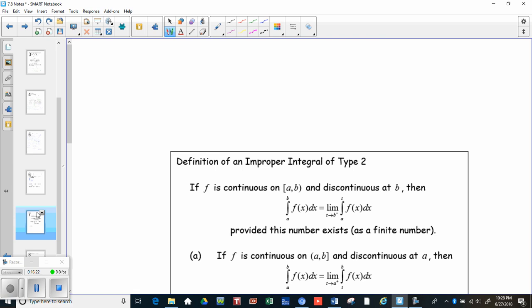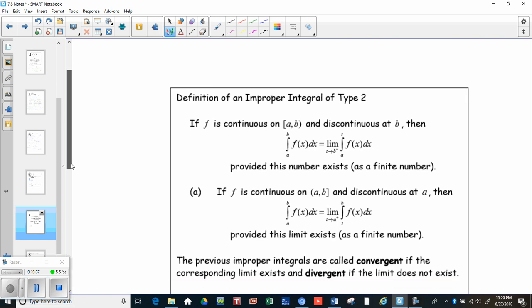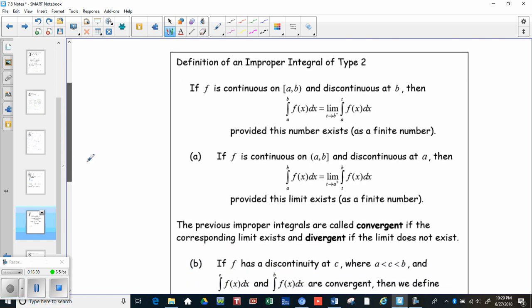So here are your definitions in the box. All right, this is your type 2. If you have either a discontinuity on the right side or on the left side, you're still going to let t approach the place where it's discontinuous.